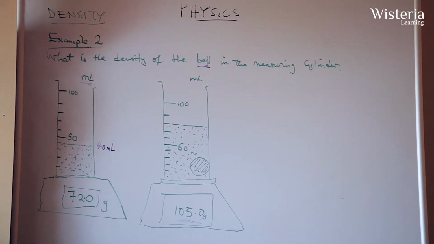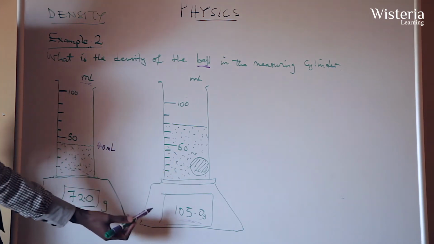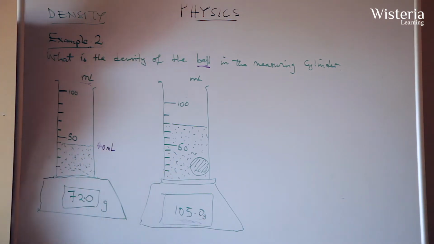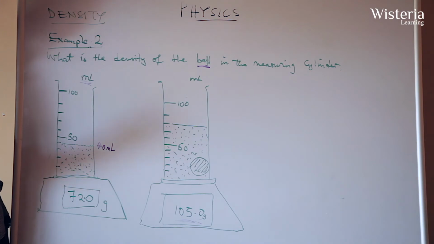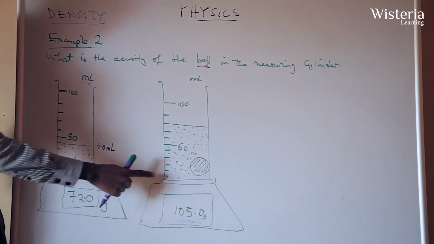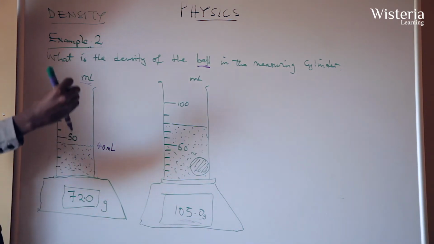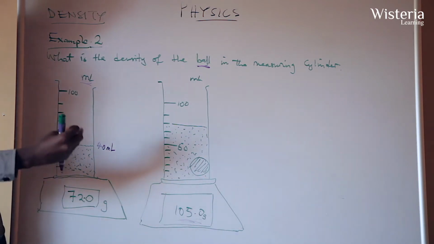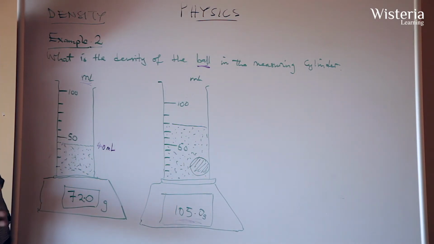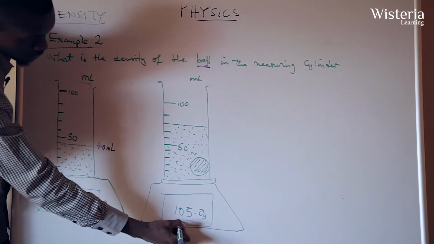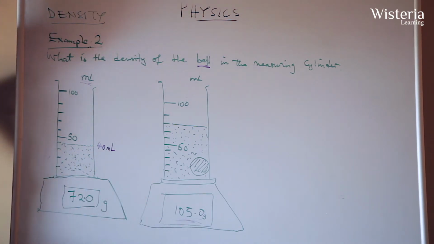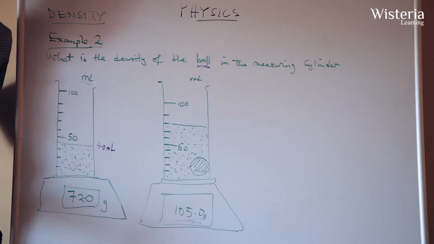So then in this case, how can we interpret this? The 105.0 grams is the mass of three things: the mass of the cylinder plus the mass of the water plus the mass of the ball inside will give us this value, which is 105.0 grams.